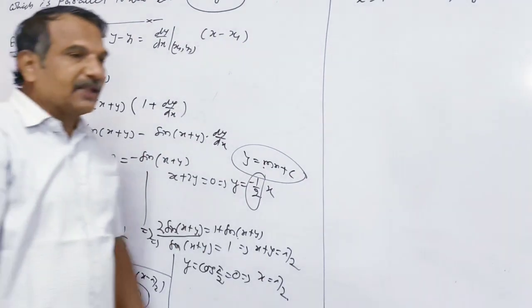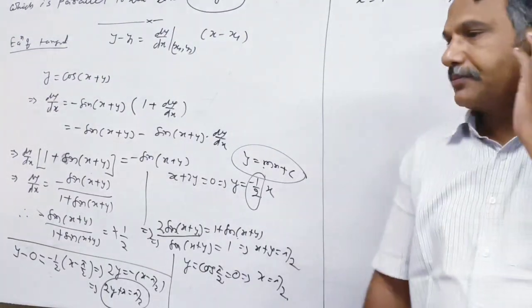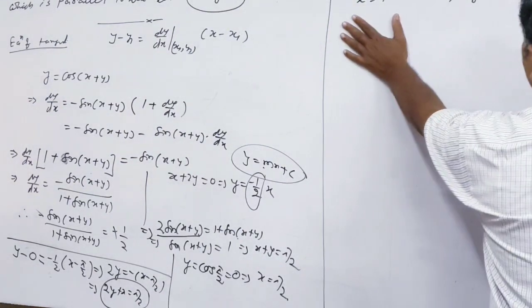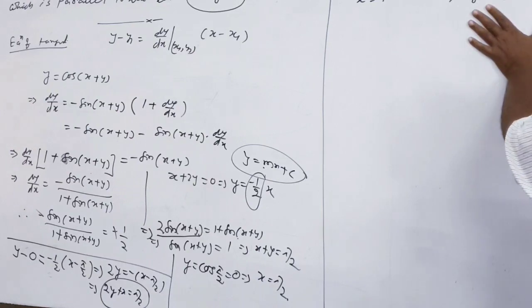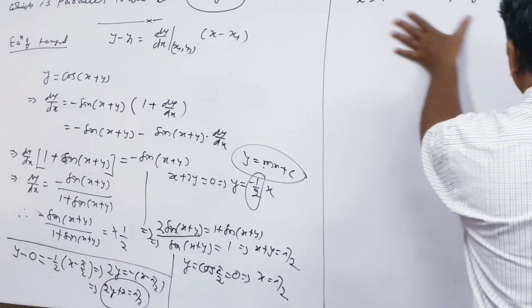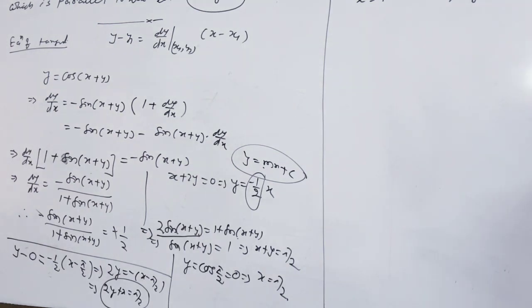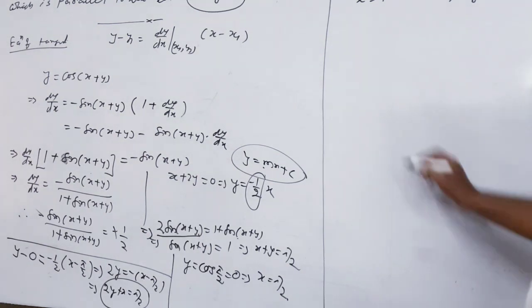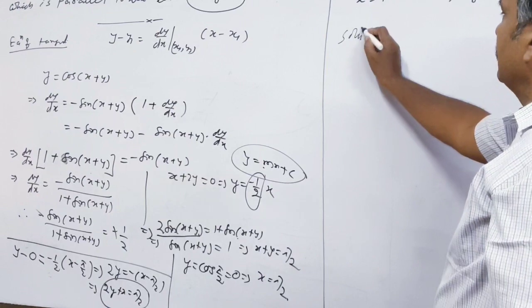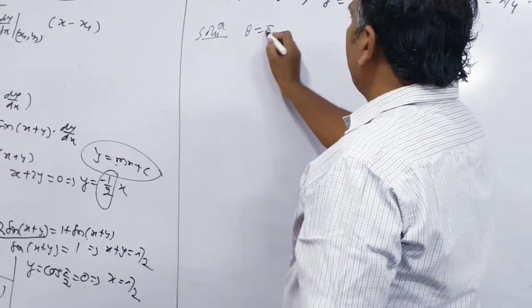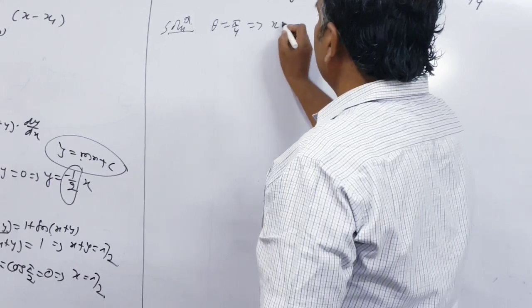Now another question is here. Find the equation of the tangent to the curve, but here it is given in parametric form. x is a function of theta, and y is a function of theta, and theta equal to pi by 4. So the solution is, now at theta equal to pi by 4, what is x?